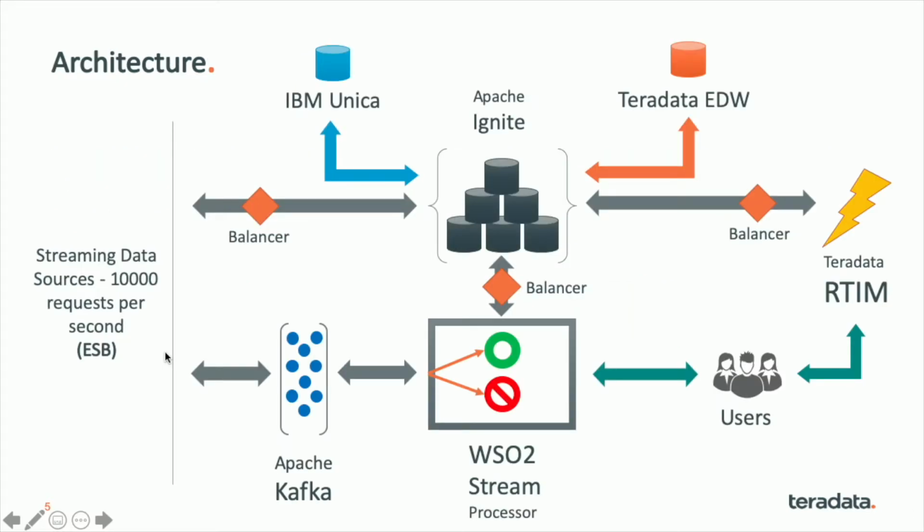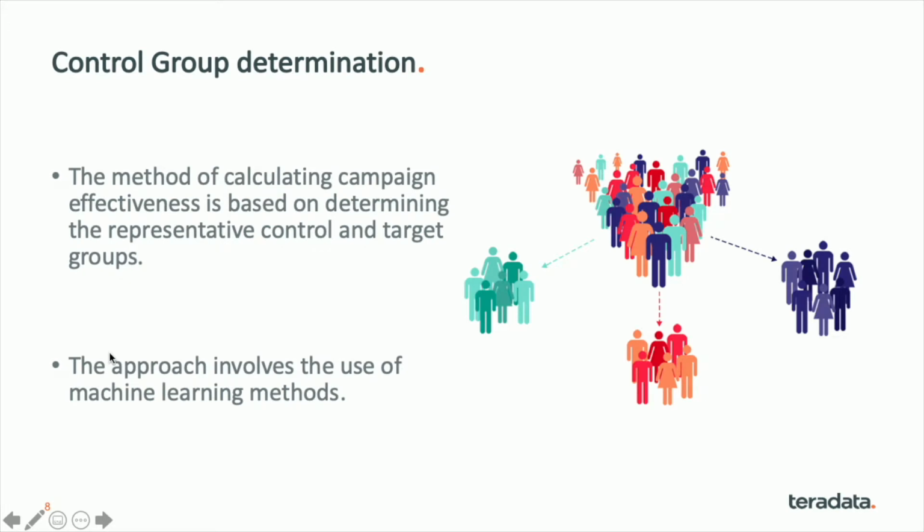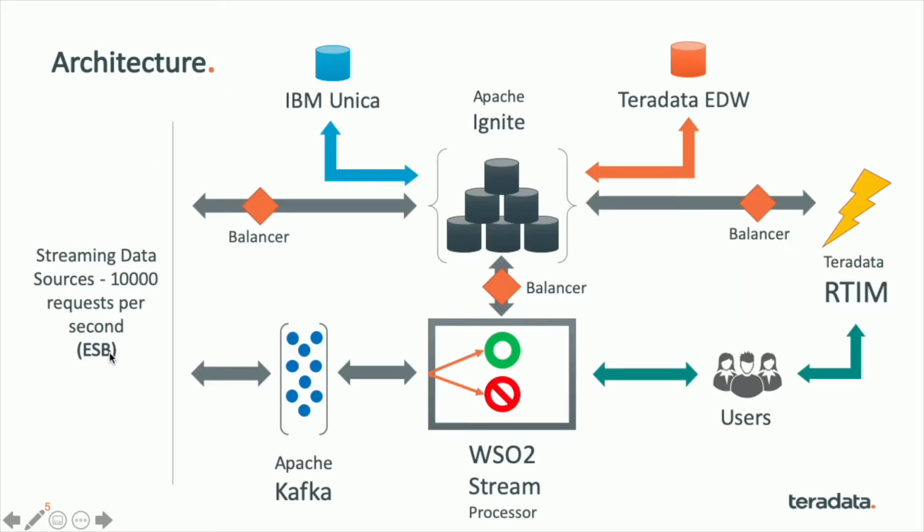Let's take a look at the architecture picture. We have on the left side streaming data sources, 10,000 requests per second from the enterprise service bus. The enterprise service bus provides us a unified connection for any resources or any streaming, processes it and moves events into our system, divided by 2, like this.